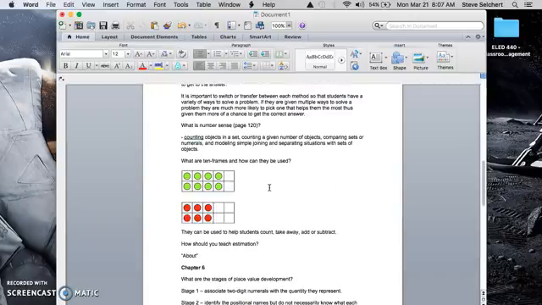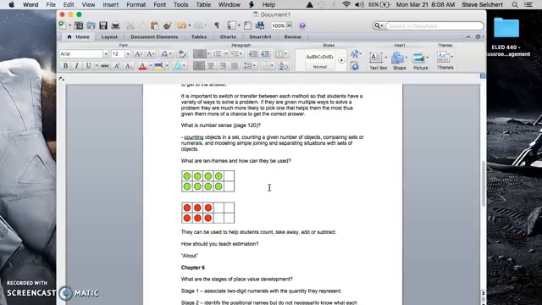It's important that they transfer between each method, so that it gives them a variety of ways to solve the problem. If they're given more ways to solve it, the chances of them being successful are going to be higher.